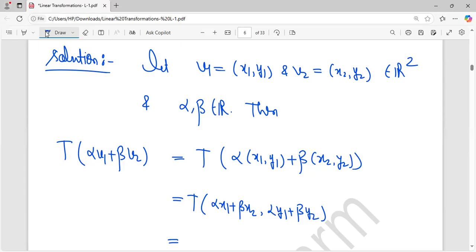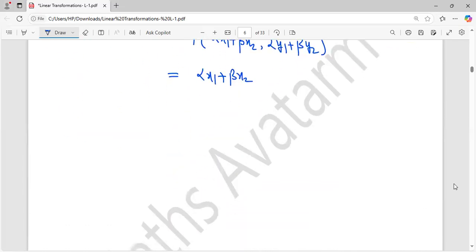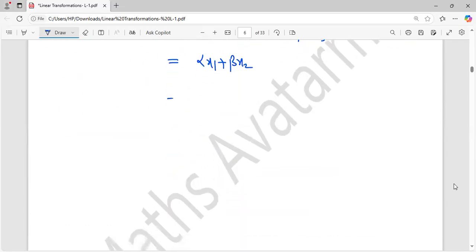But by the definition of T, the first coordinate will come.